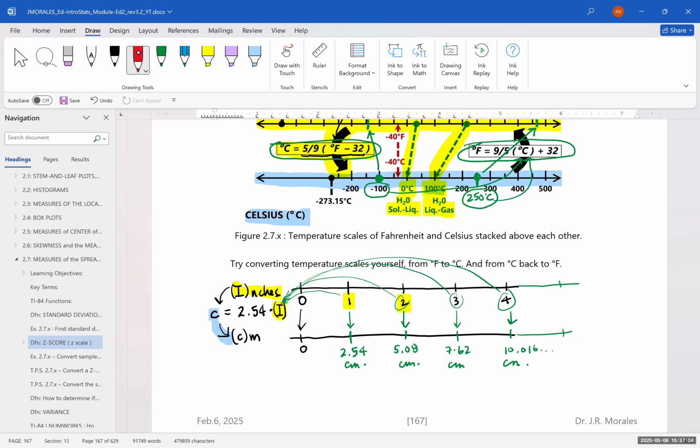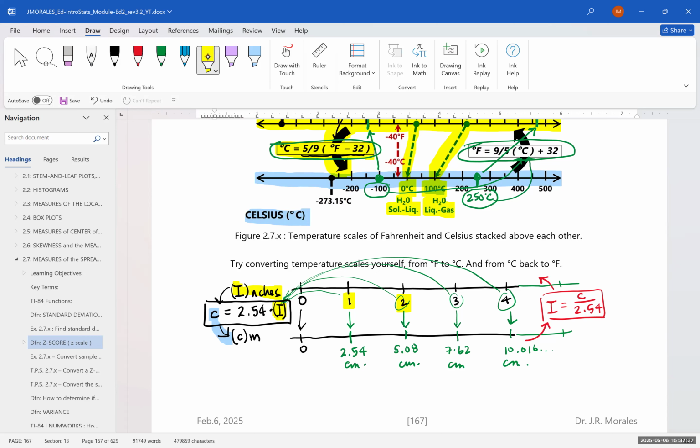Now, if we wanted to go back the other way, this is the equation we used to go from inches to centimeters, but now we want to go from centimeters up to inches. The inverse function for that is the number of inches is equal to the number of centimeters divided by 2.54. So this will help us convert from centimeters over to inches.